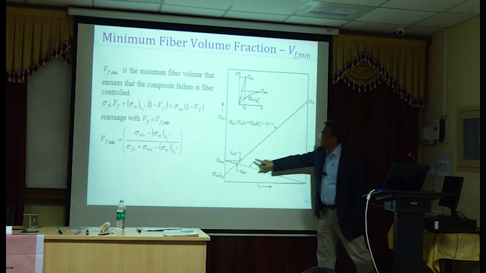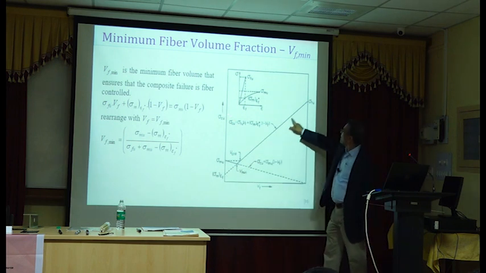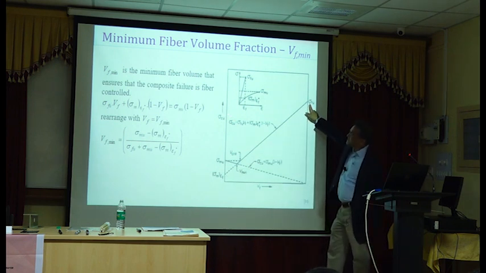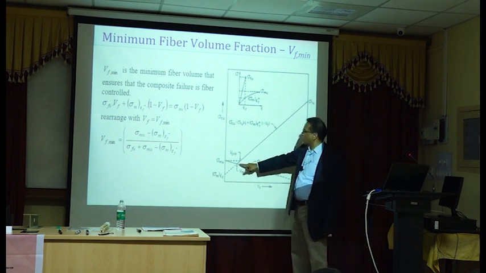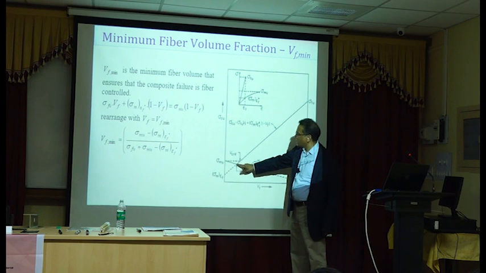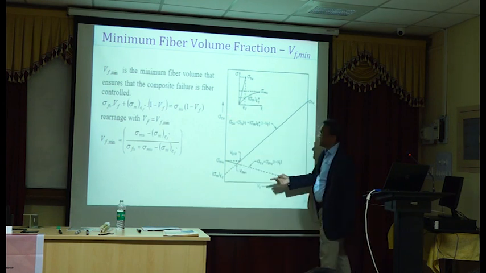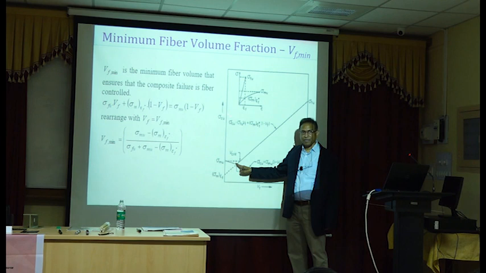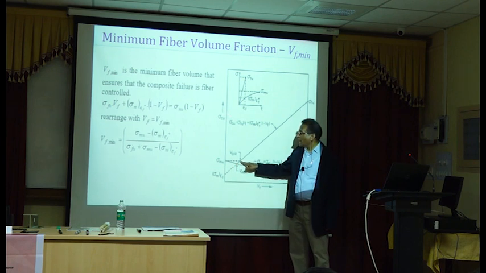Okay? The other equation is linear and it increases with addition of fiber. So these two lines will meet at this point here, and that's defined as Vf min. Okay? And then we define also another volume fraction here, which is V critical.